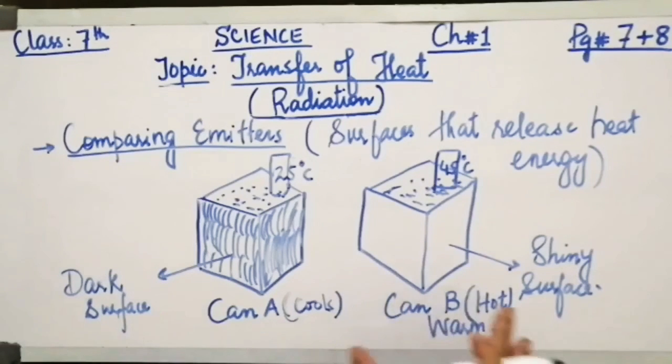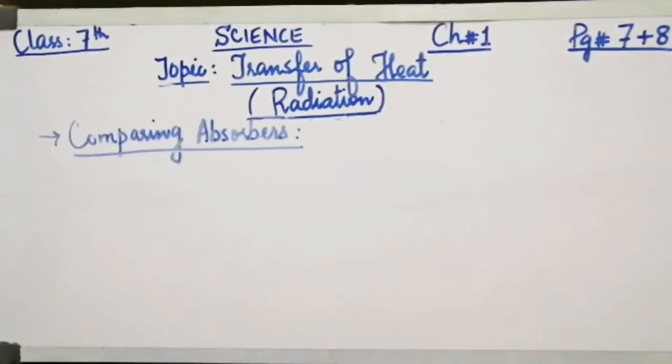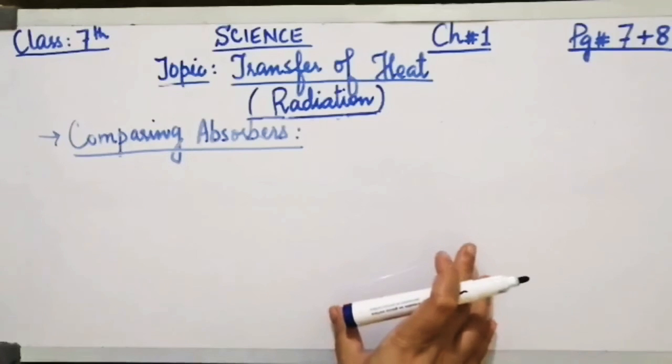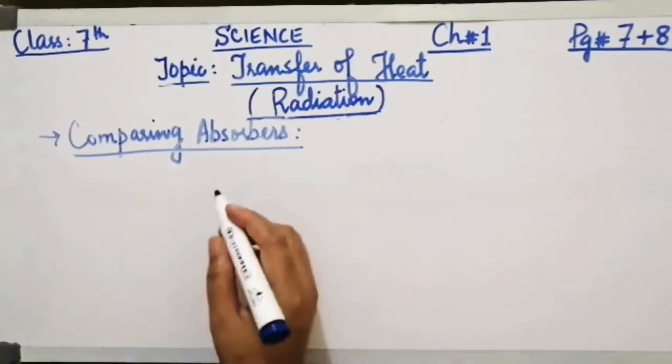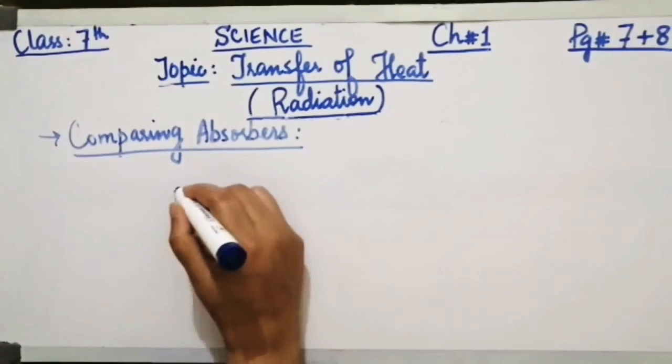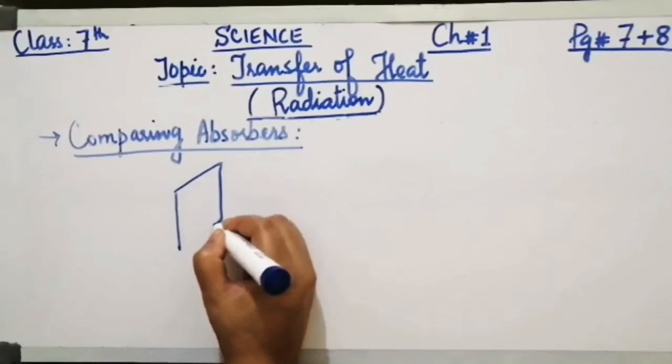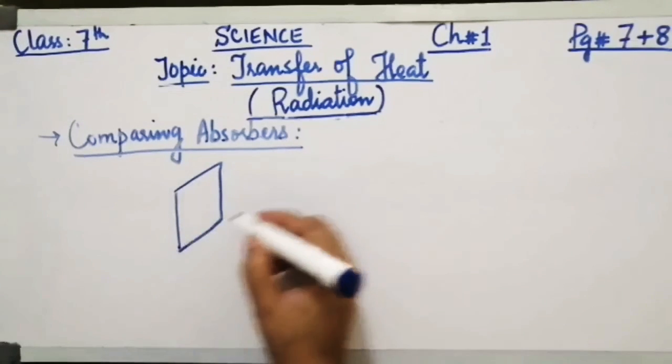So this is the simple activity by which you can observe what emitters are and what the basic difference is between dark surfaces and shiny surfaces. Now we are going to compare absorbers, first of all with dark surfaces and second with shiny surfaces. For this purpose I am taking two plates or two metal plates.